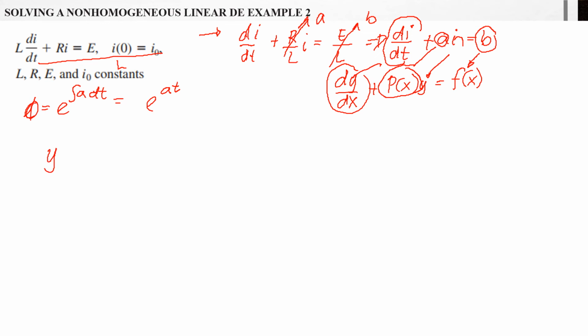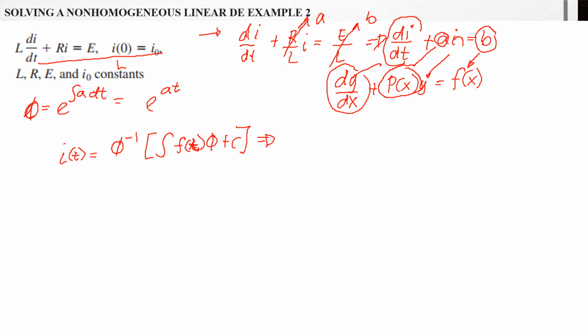Your equation becomes I as a function of time equal to phi to the negative 1 multiplied by the integral of f(t), the function of time, multiplied by phi, plus c.